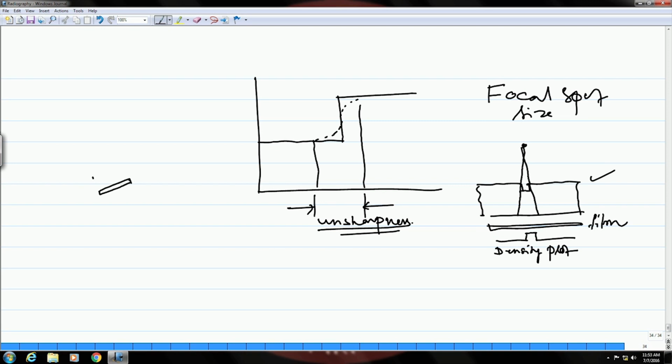So, this is the spot size f. It has multiple points because it has a certain size. So, if you now take the same object and image it using this particular source, which is not a point source, then it will look like this.